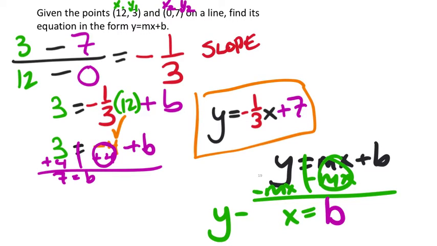You'd replace the m here with negative 1/3, and then the x value, we already know we had 12. You could use the 0, 7, by the way, but I purposely used 12, 3, and then the y value is the 3 there. If you solve this, you're going to get the same answer of 7 right there. And again, you can plug that directly into the calculator. b still will be 7 here, okay?